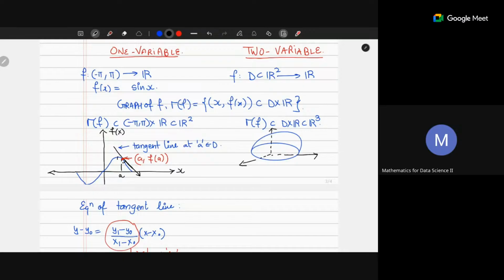This is my x-axis, this is the y-axis, and this is the f of x y-axis. So this is a 3D figure that you see.